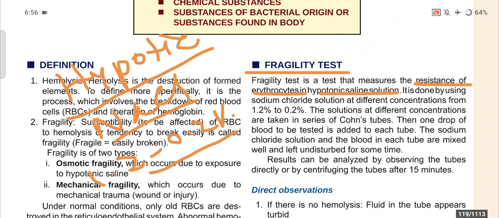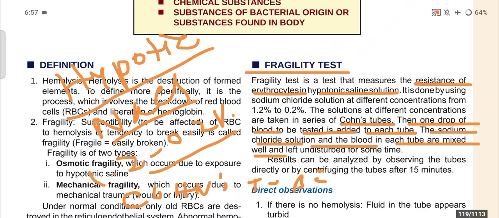The solutions at different concentrations are taken in a series of conical tubes. One drop of the blood to be tested is added to each tube. The sodium chloride solution and the blood in each tube are mixed well and left undisturbed for some time. The result can be analyzed by observing the tubes directly or by centrifuging the tubes after 15 minutes.